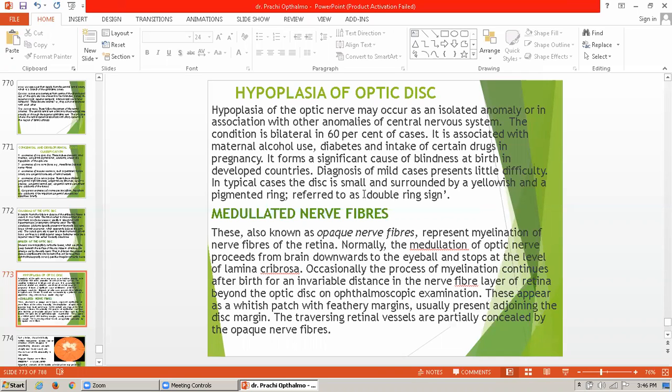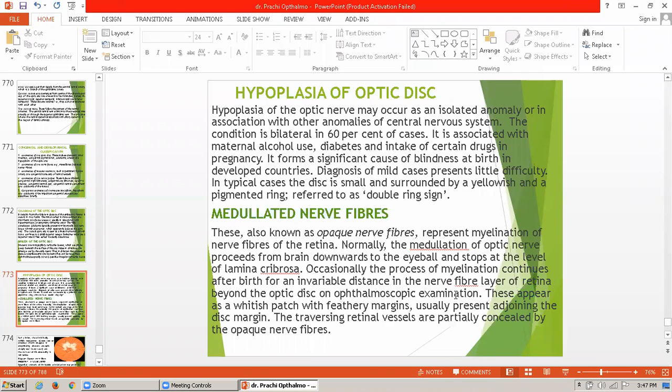Then, medullary nerve fibers. These, also known as opaque nerve fibers, represent myelination of nerve fibers of the retina. Normally, the medullation of optic nerve proceeds from brain downward to the eyeball and stops at the level of the lamina cribrosa.